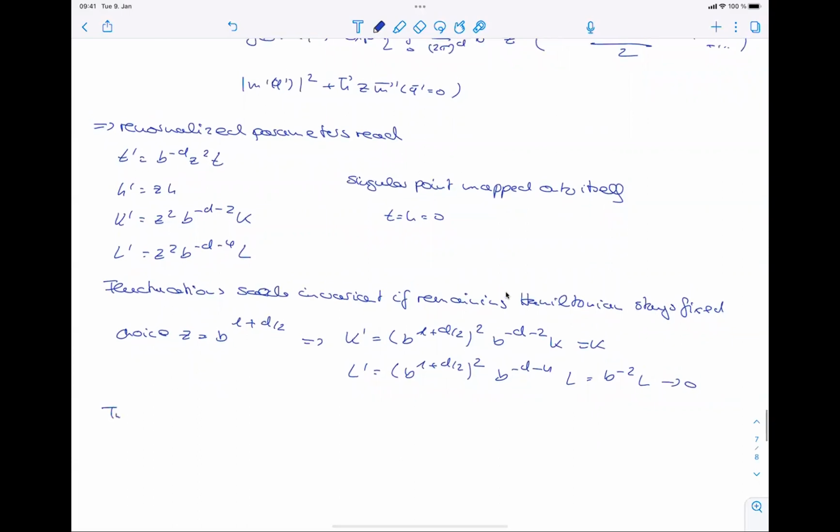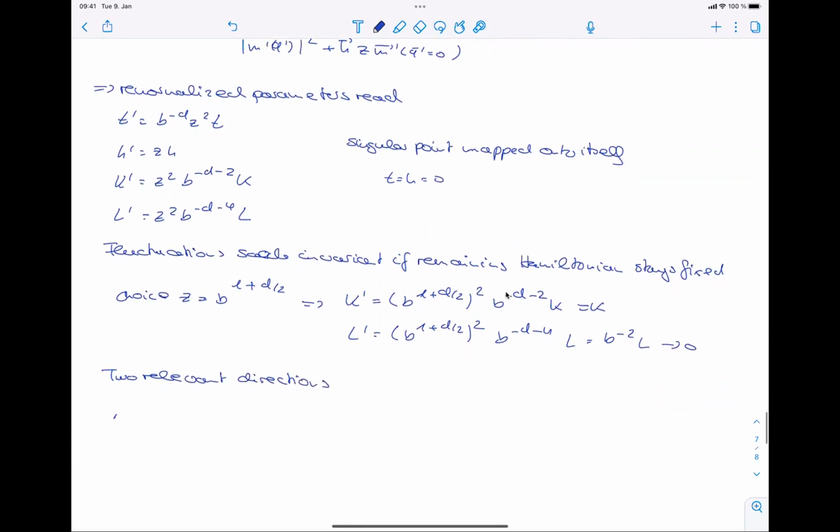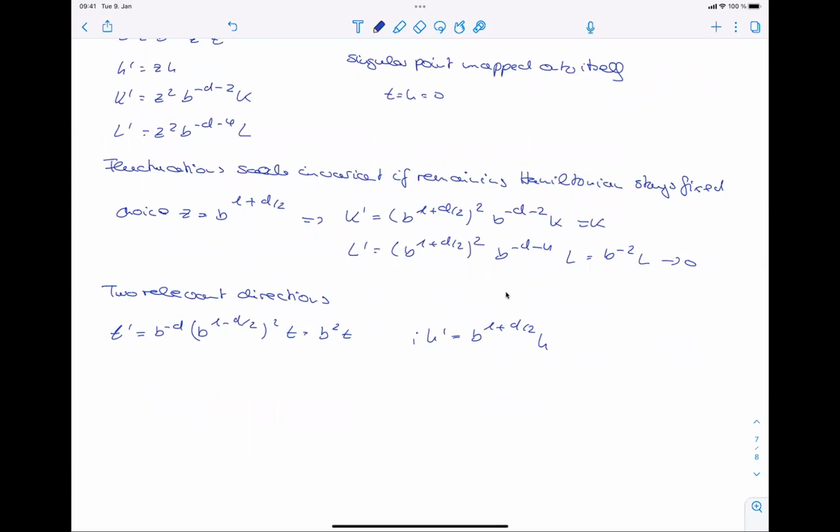So we see that the two relevant directions are t prime, which is b to the power of 2 t, equal to b squared t, and h prime, which is z times h, so b to the 1 plus d half times h. And there we go. This is exactly what we needed.